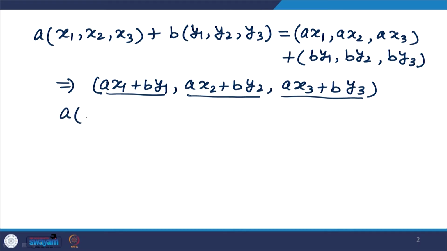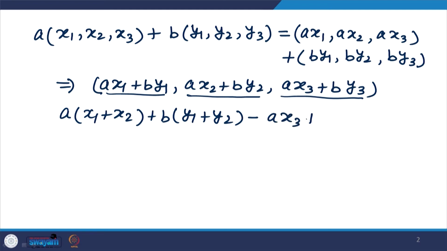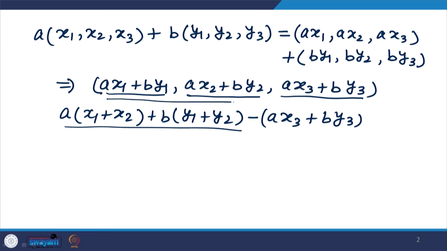So, we are saying a(x1 plus x2) plus b(y1 plus y2) minus the third component. I have written this particular thing as the sum of these two vectors.